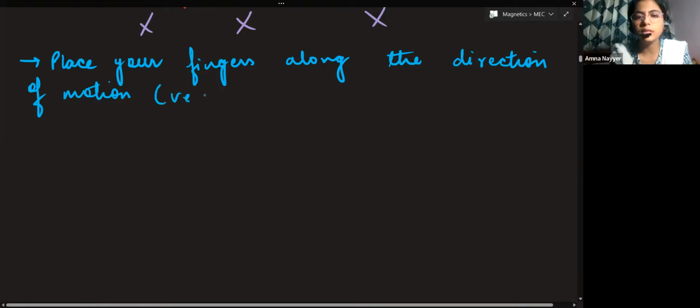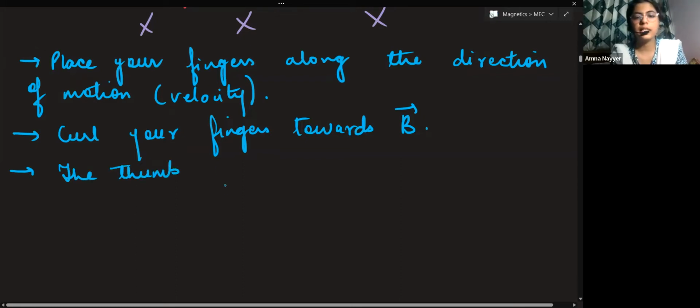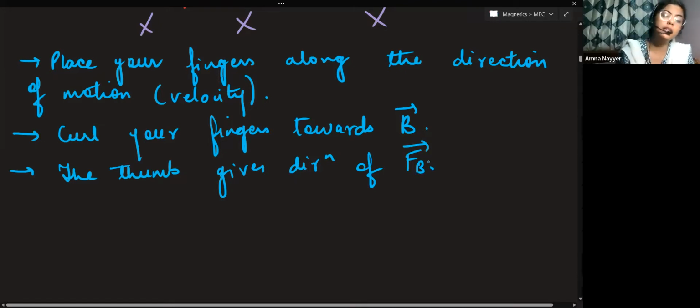Basically, it means velocity. Just look at the direction of velocity. Secondly, you have to curl your fingers towards the magnetic field. And then lastly, the thumb gives the direction of magnetic force. These are the rules for it.